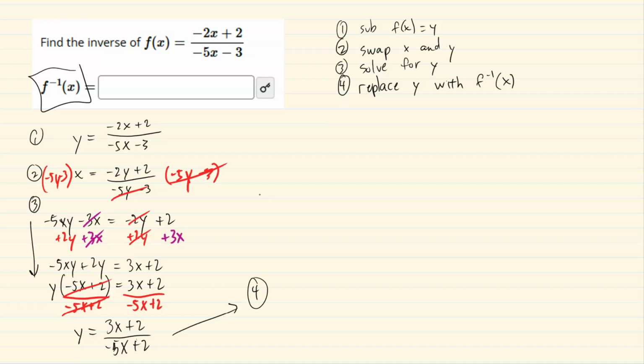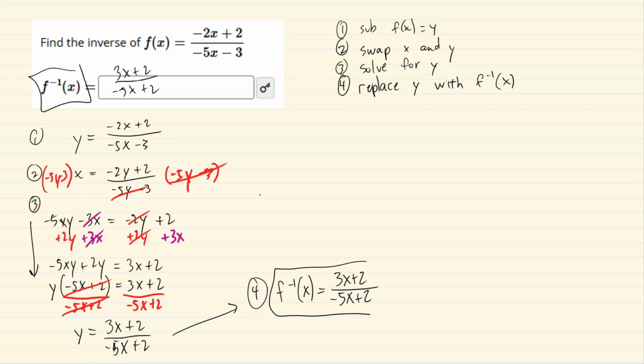Step 4, we would end up getting f inverse of x equals 3x plus 2 over negative 5x plus 2. We just write down what we have here. And there we go. Our final solution is 3x plus 2 over negative 5x plus 2. Let me know if you have any questions, but that is our final solution. This is the inverse function.